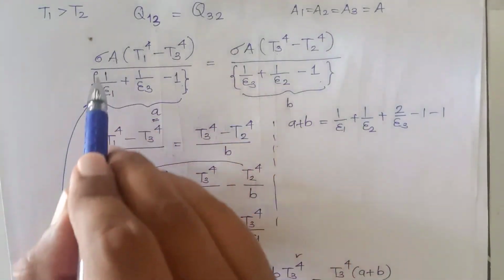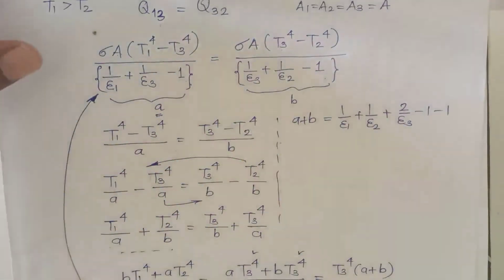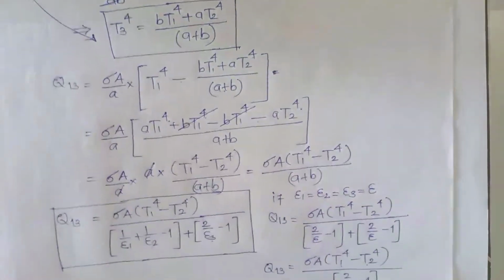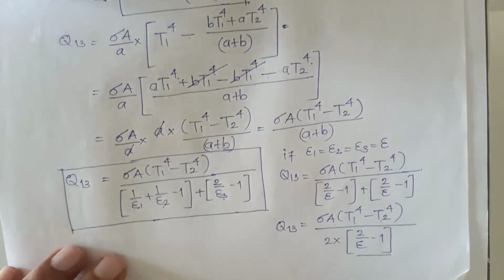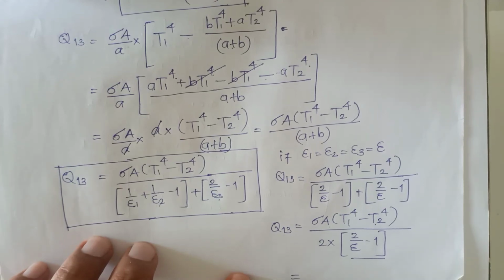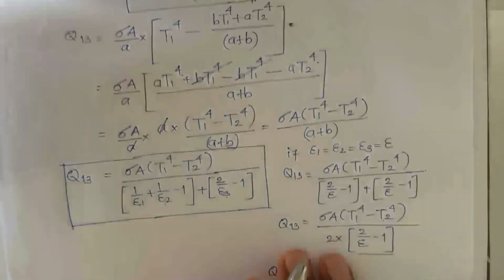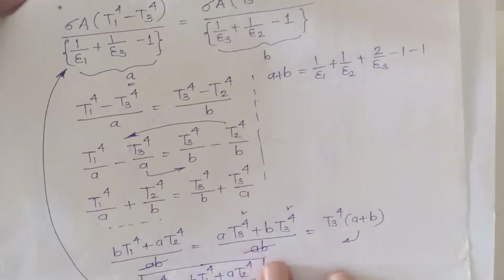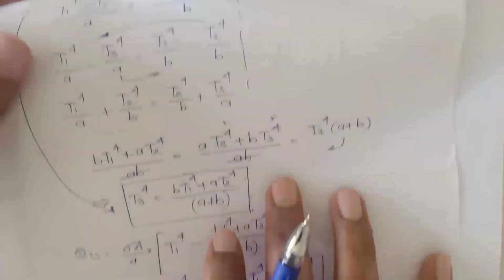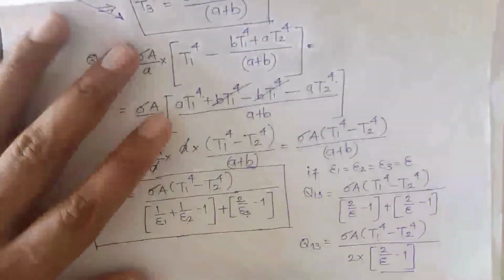This is very similar to this expression between two surfaces. So it means that because now you have inserted one radiation shield, the heat transfer between surface 1 and surface 3, heat transfer with radiation shield, has actually reduced by half.